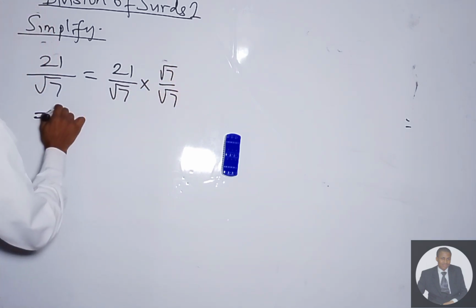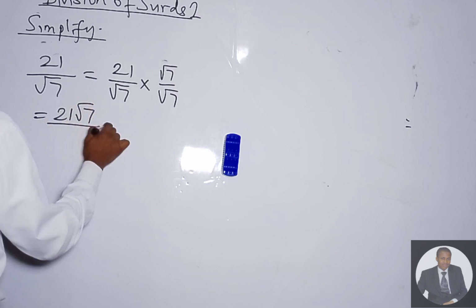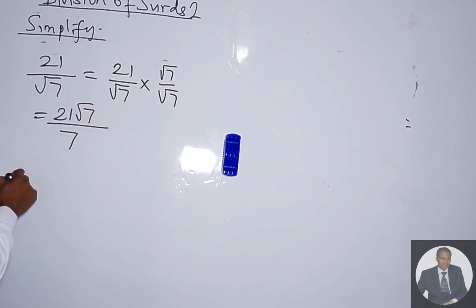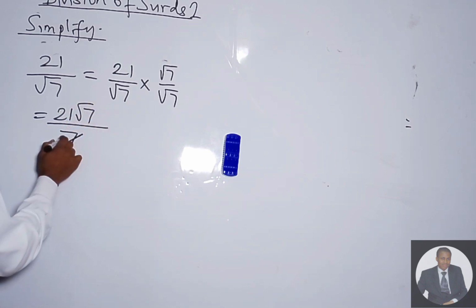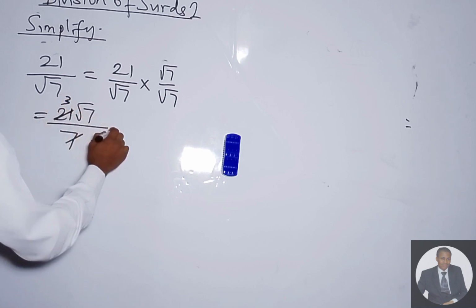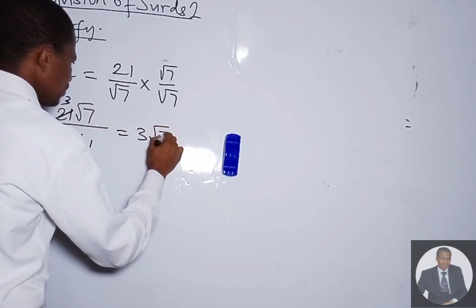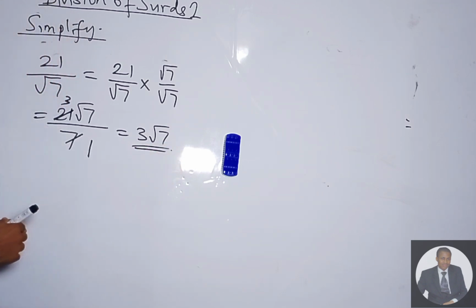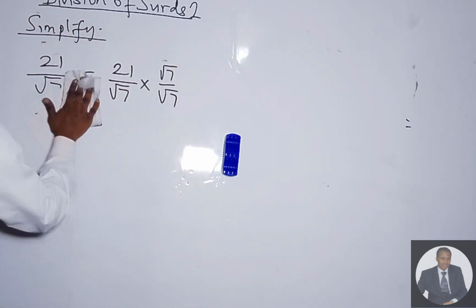So we have 21 root 7. Root 7 times root 7 is 7. So 7 in 7, 1. 7 in 21, 3. So we have 3 root 7 as our answer for this question of dividing 21 over root 7.